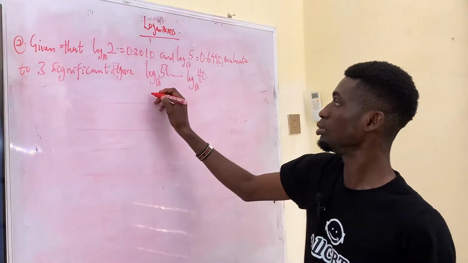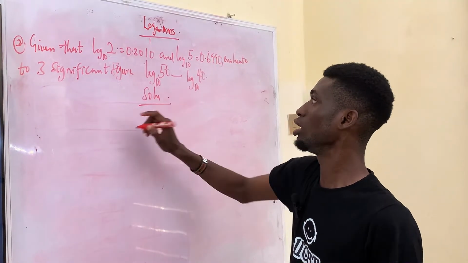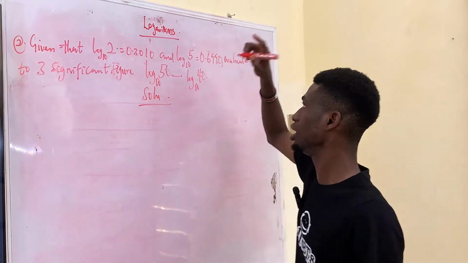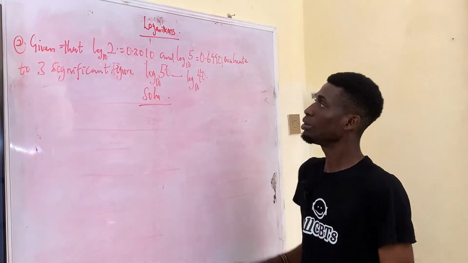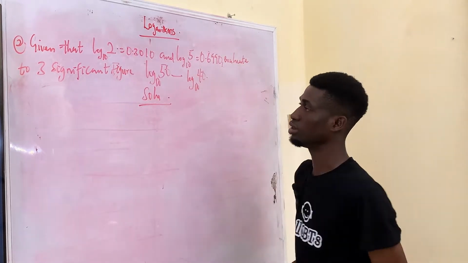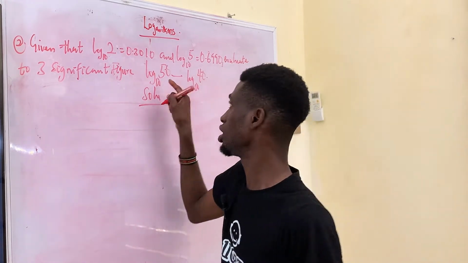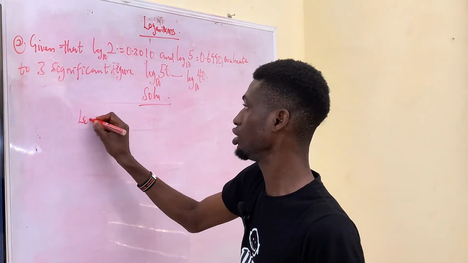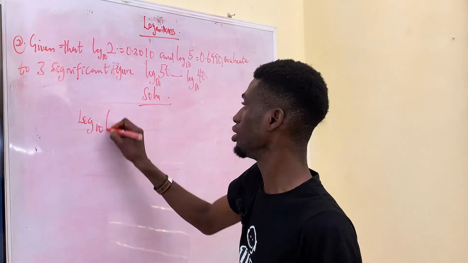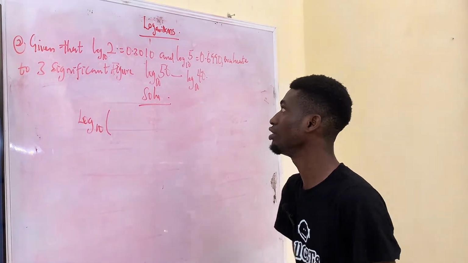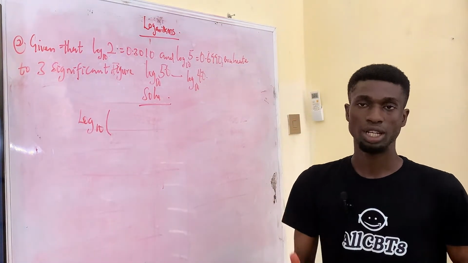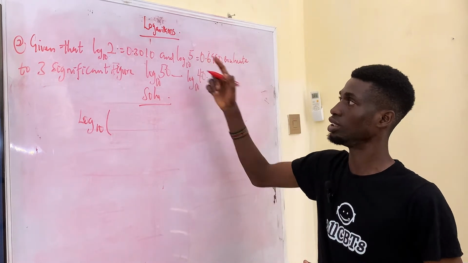All we are going to be making use of will be log 2 and log 5. Now, how can we bring these two values into this question? Firstly, let's express the question with log 10, 50. What are the numbers that when we multiply them together is going to give us 50?